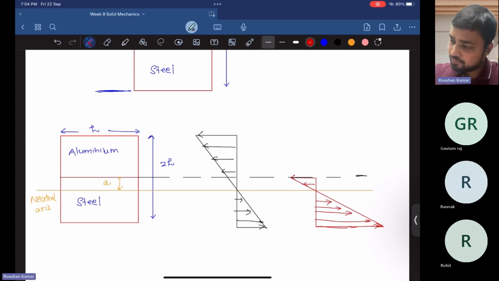And suppose we have only aluminium, then the variation is given this way.